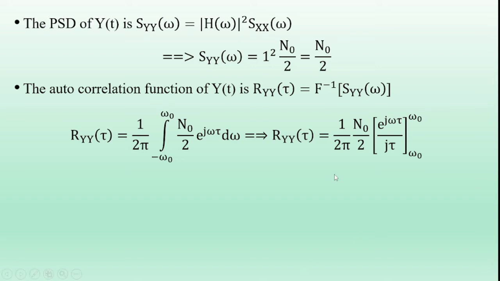So now here Syy of omega is N naught by 2 into e power j omega tau d omega, and the given data, the range of the frequency is minus omega naught to plus omega naught. So now we are integrating with respect to omega. N naught by 2 is constant, that is written before the integration. Integral e power j omega tau d omega is e power j omega tau by j tau over minus omega naught to plus omega naught.